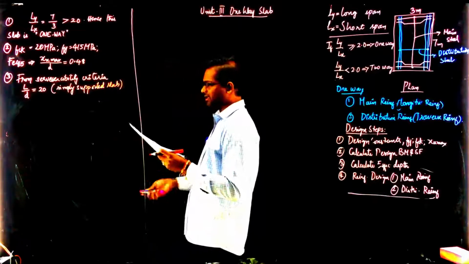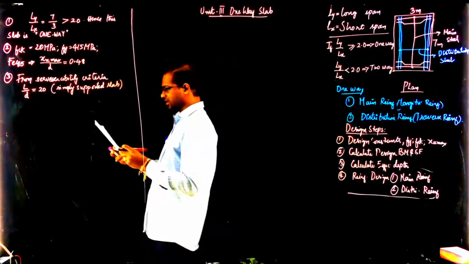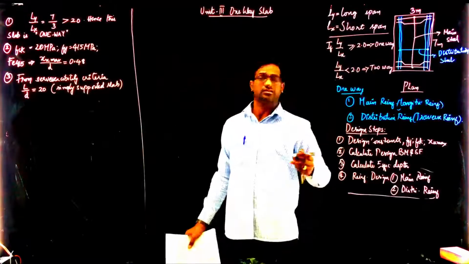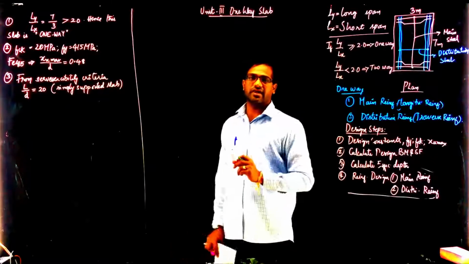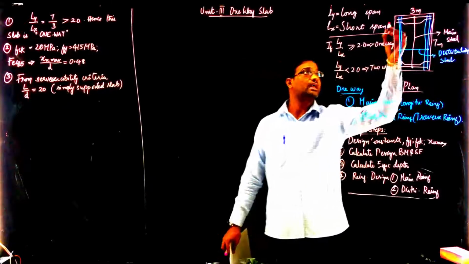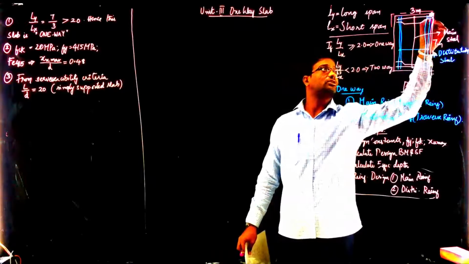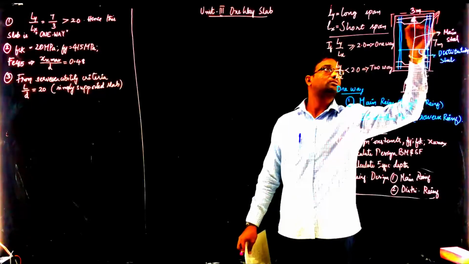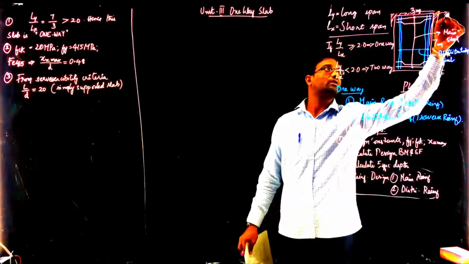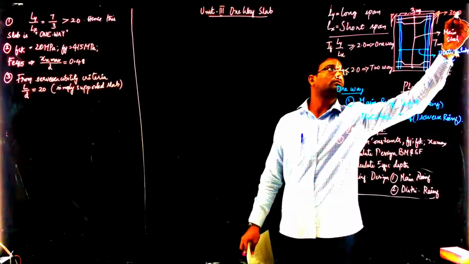If L by D is 20, then L is given as 3 meters and the wall thickness is given as 300 mm. So this slab is resting on a wall, and this wall is 300 mm thick.